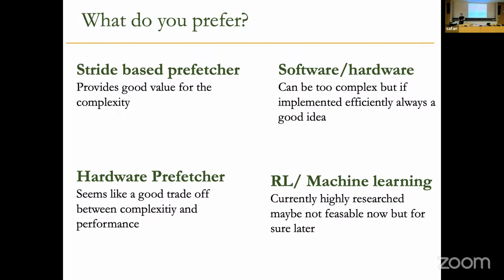There are many different cases where a stride-based prefetcher is already quite good. And I think hardware prefetching seems like a good trade-off currently, but I do think that as computation power becomes cheaper and the storage maybe also becomes cheaper, maybe reinforcement learning will get even more attention and will become even more promising, let's say.